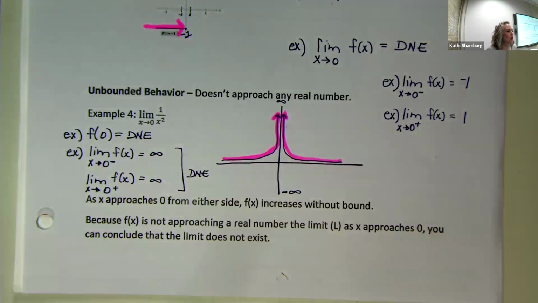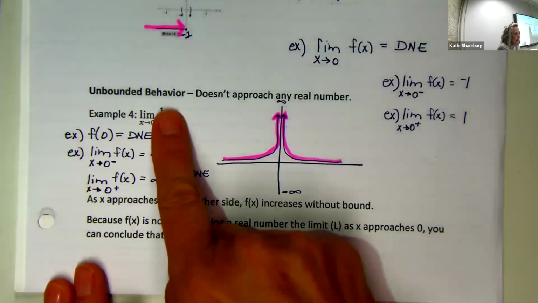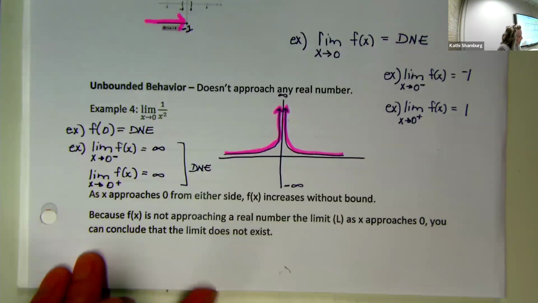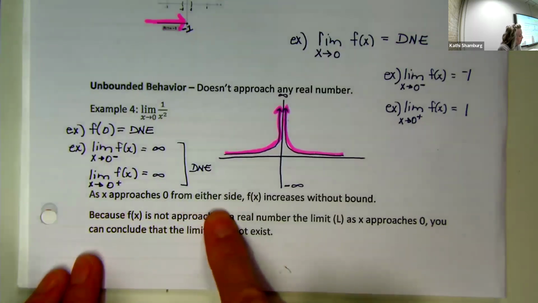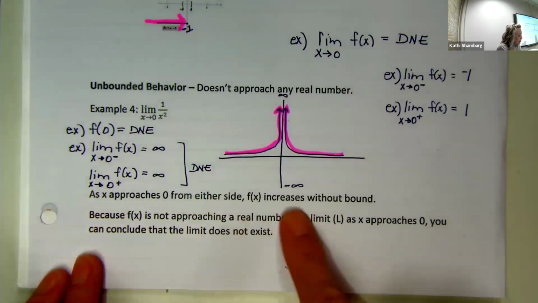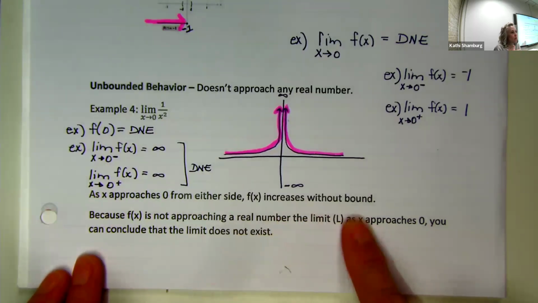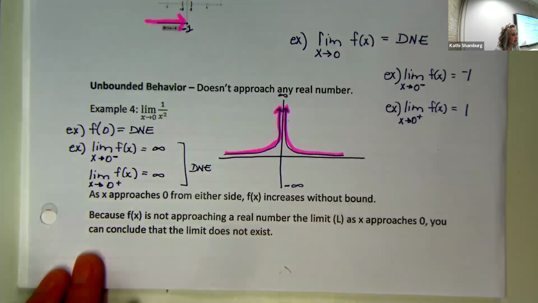I can't remember exactly if WebAssign is going to want you to enter does not exist or positive infinity, so be sure and pay attention. This is considered unbounded behavior because as x approaches 0 from either side, it increases without bound, which is what we represent as infinity.